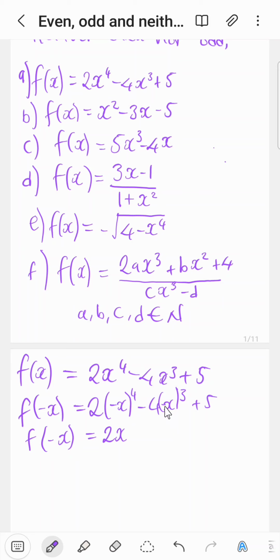What about this one? It is going to be negative because it's power 3, and multiplied by this negative, it is going to be positive 4x to the power 3 plus 5.